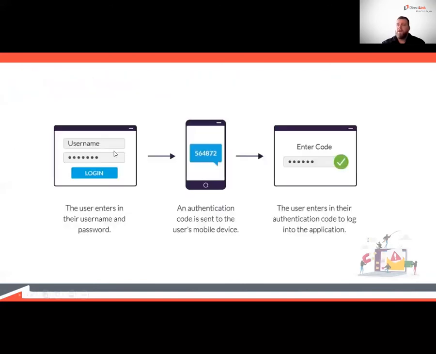Okay, so this is generally what two-factor authentication looks like. When you go to log into a site or an app, after you enter in your username and your password, you'll then be sent an additional code to your smartphone via a text message or to your email account or a separate email account if you want to go that route instead of getting a text message.